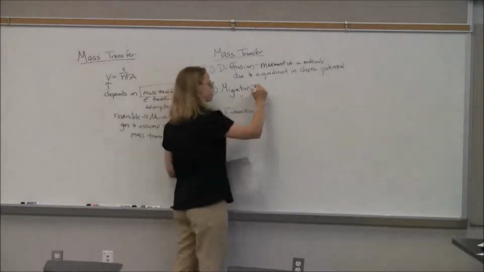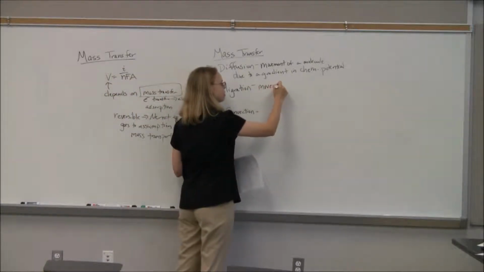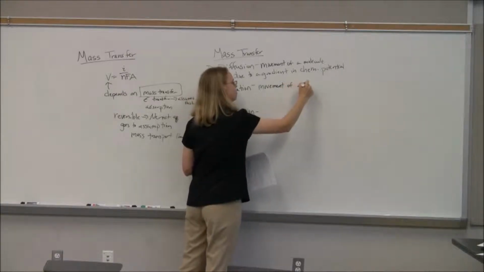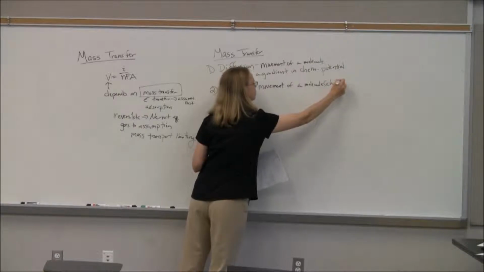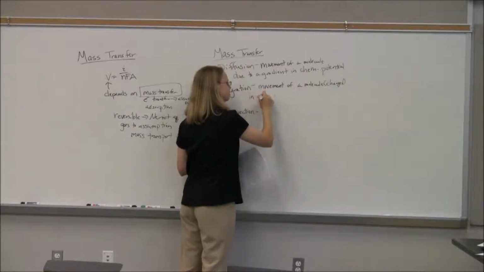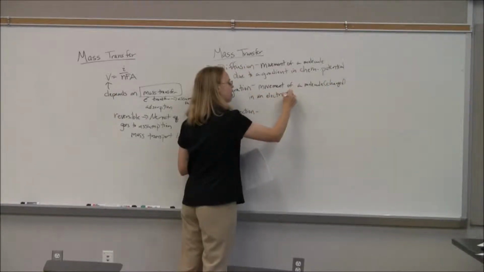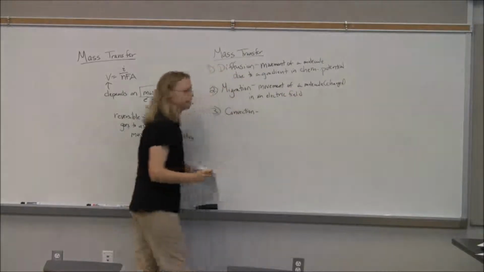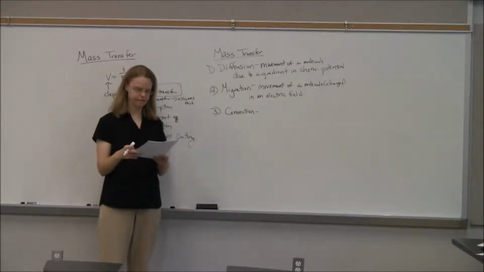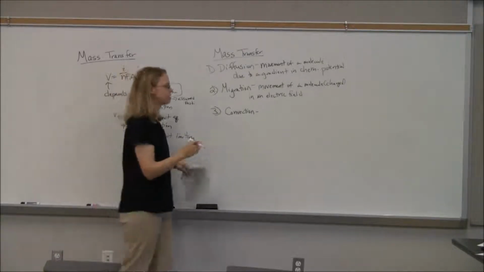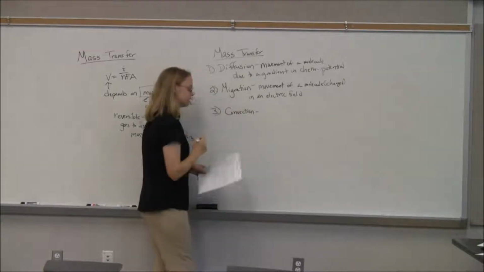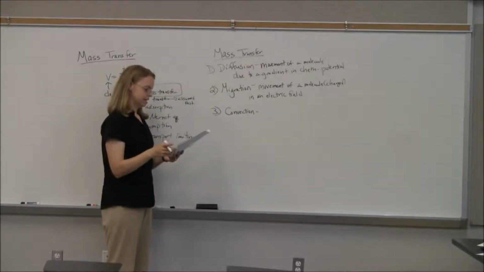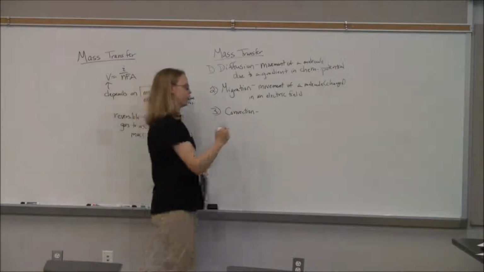All right, so migration, which we talked about yesterday, is movement of a molecule, and in this case it's got to be a charged molecule in an electric field. Remember I said we see migration in electrophoresis and other things too, not just electrochemistry. So it's moving in some sort of gradient of electrical field. And then convection, there are really 2 forms.